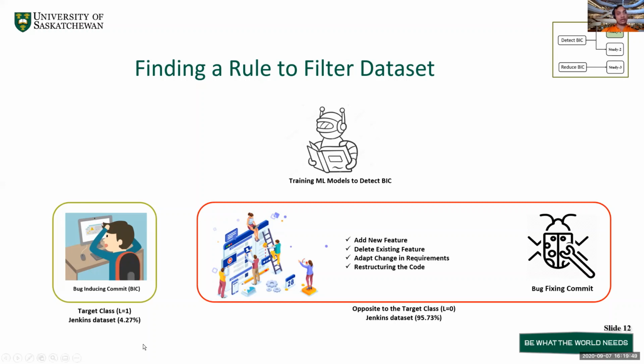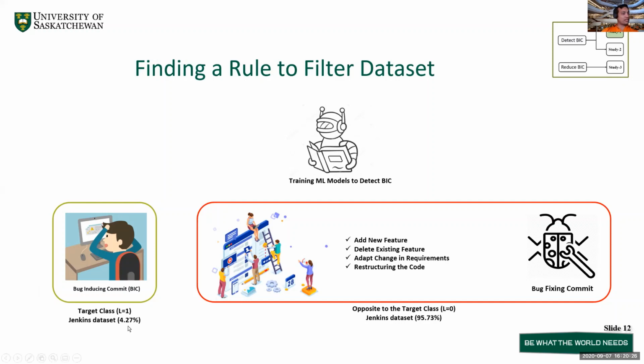But here we can see that usually the bug-inducing commit data remains very small in number, and all the other commits remain very large in number. In our investigated Jenkins data sets, only 4.27% were bug-inducing commits, and the remaining 95.73% were other commits.